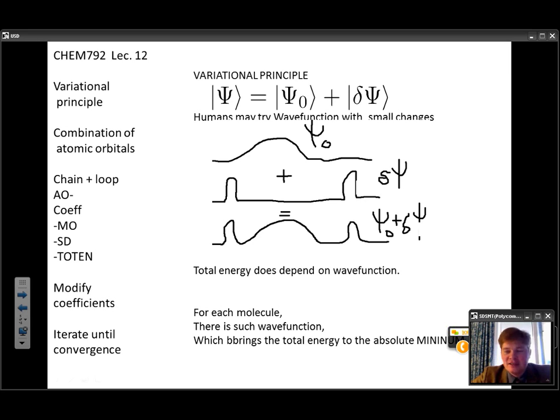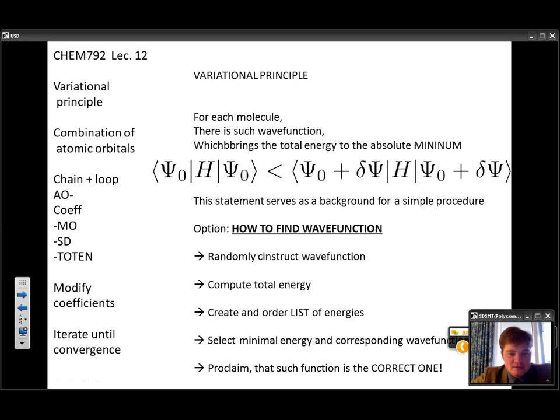And this is a very simple but helpful and critically important philosophical concept. So varying, modifying wave function away from ground state wave function will bring us away from the minimum. Energy will increase. I'm going to the next slide.